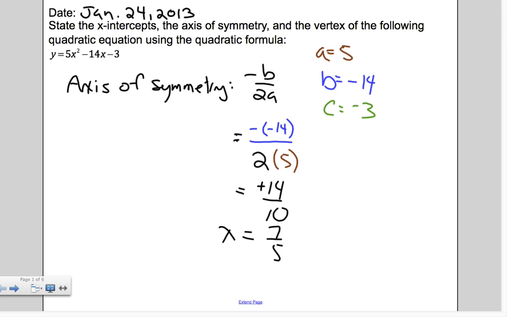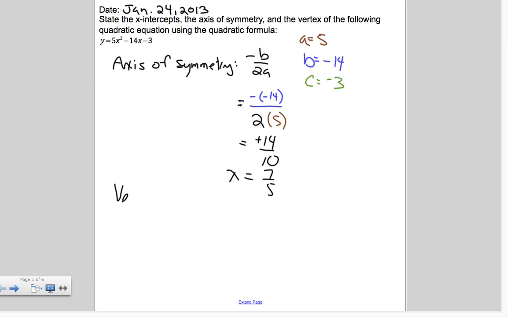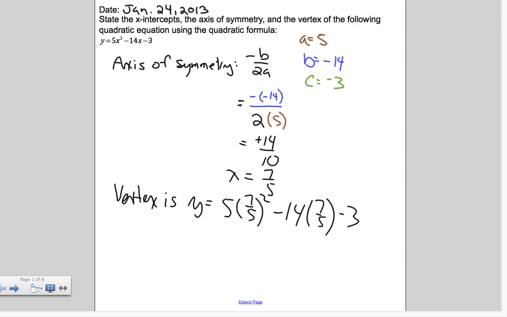So we quickly get the axis of symmetry. And in fact, even from here, how can we get the vertex? We just plug it in. Right? So the vertex is y is equal to 5 times 7 over 5 squared minus 14 times 7 over 5 minus 3. So that's equal to 5 times 49 over 25 minus 98 over 5. And I'm just going to convert that to a fraction over 5, so it's going to be minus 15 over 5.